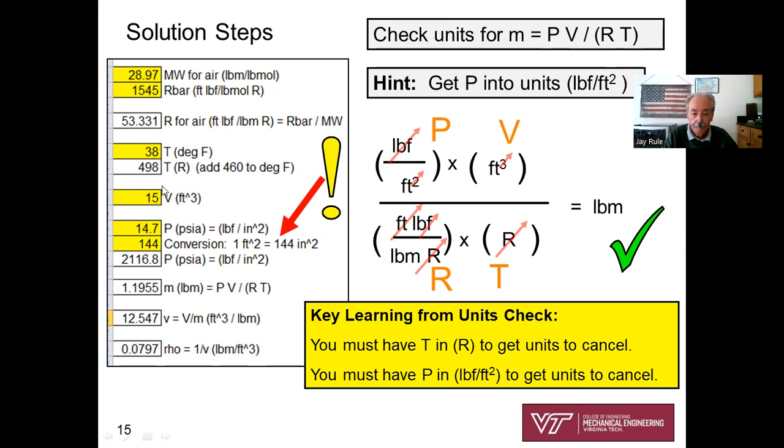Volume is given. Pressure in pounds per square inch. Look at this conversion. I put in 144 and wrote out the conversion: 1 foot squared equals 12 times 12 inches squared. Okay, remember my little units module we talked about and multiplying things by unity.